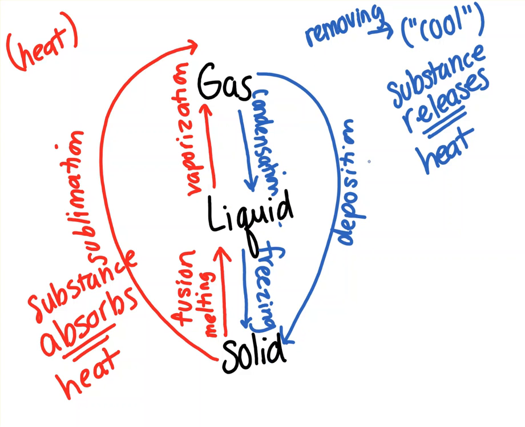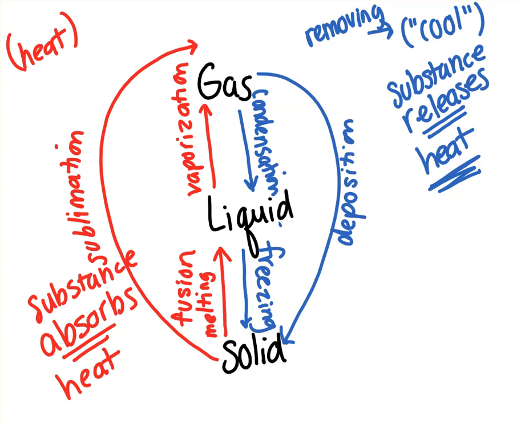These are a little harder to see because nothing's getting hot a lot of times. We think of these as the things that occur when something cools. Like if you cool gas, it may condense, like water vapor may condense into a liquid. But what we're really doing is removing heat from the gas. In other words, the gas form of water is releasing heat so that it can become a liquid.